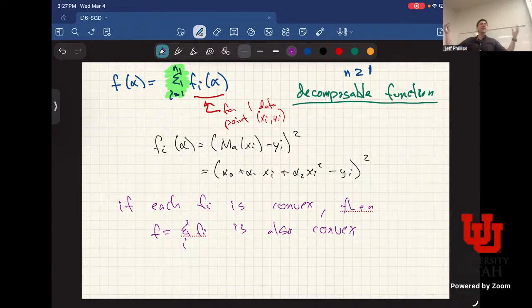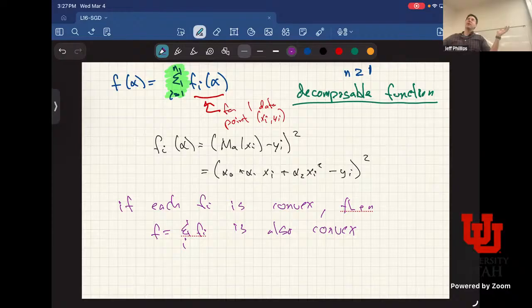And with convexity, we'll be able to run gradient descent and kind of guarantee that the solution we get to, if we ever get there or get close enough, is going to be kind of the global solution. So this is what we want. We want convexity. So let's look at this function here and say, is this going to be convex? What does this function look like? Importantly, is this convex?